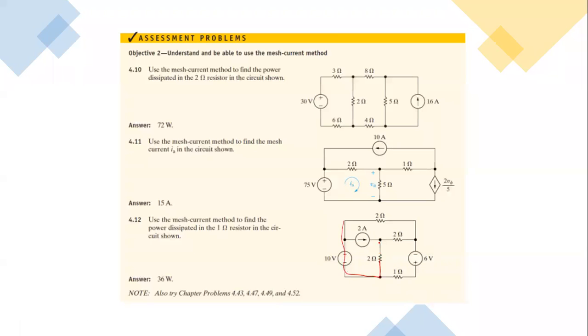So you will have one super node equation with two assigned currents in this direction, and one equation from this mesh, and then from this current source you can get the third equation. Here we will have one equation, another equation, and the third equation is known. So here you will have even one equation because this equation is known as well.